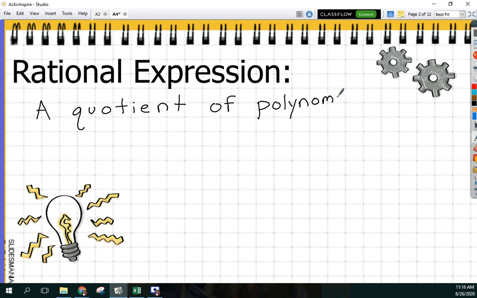So remember that a polynomial just means that I'm going to have multiple terms separated by addition and subtraction, one variable, and I can have a multitude of degrees. It could be a squared, it could be a third. That's probably the highest that we'll see in this class, but it could technically be any degree.